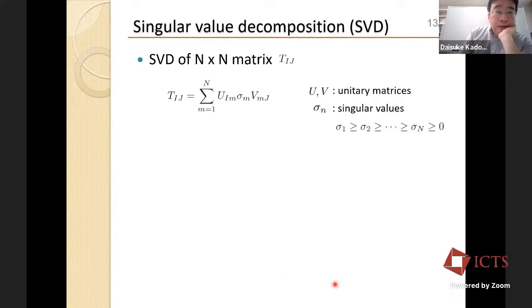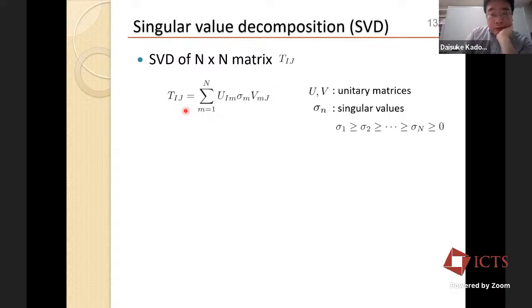And the singular value decomposition is used to define a tensor renormalization group. And the singular value decomposition of a generic n by n matrix Tij is given by this form.